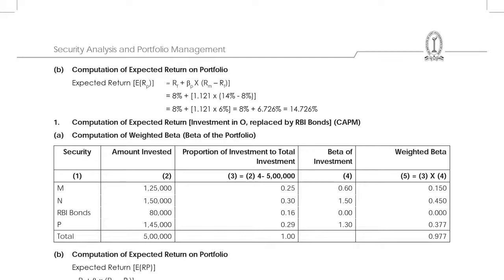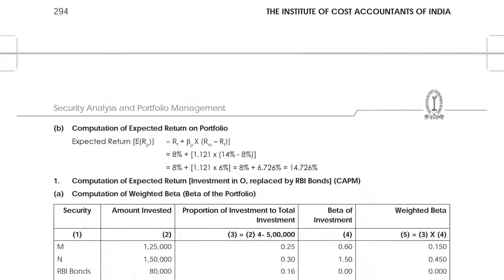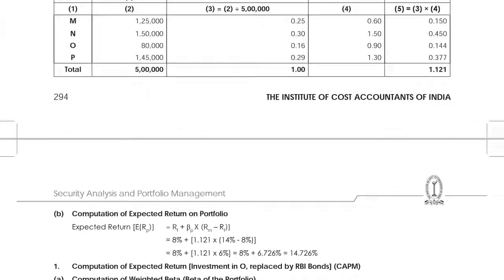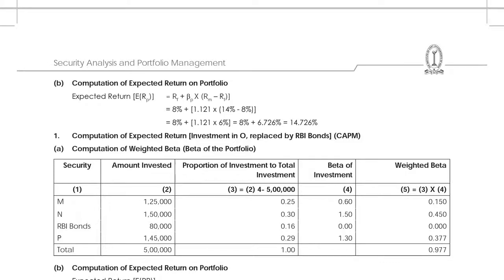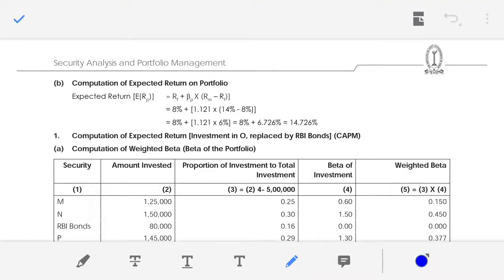Total investment cannot exceed 1. Whatever amount we have, that much we can invest. Beta factor is also 0.60, 1.50, and beta for RBI bonds, that is undiversifiable risk. In RBI bonds we don't have risk, so that is 0. This is the new thing in this one.